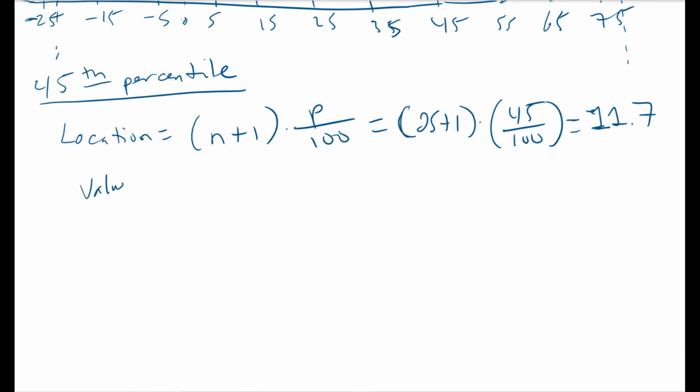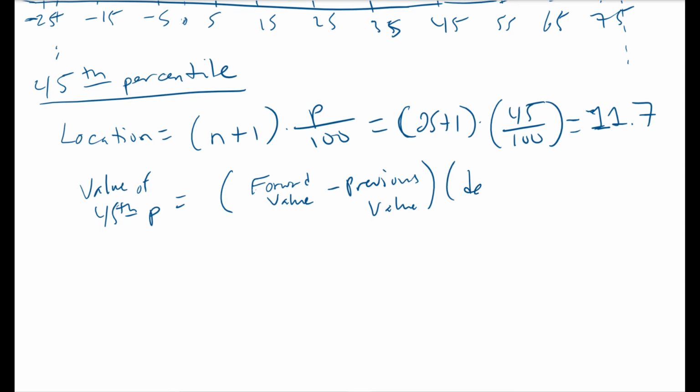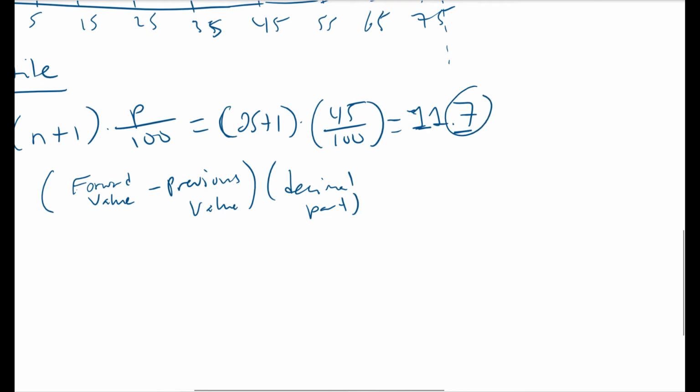So the value of the 45th percentile. The formula in general is, you take what I call the future value, or the forward value, minus the previous value, times your decimal part, and the decimal part of this is 0.7, and then plus your previous value.